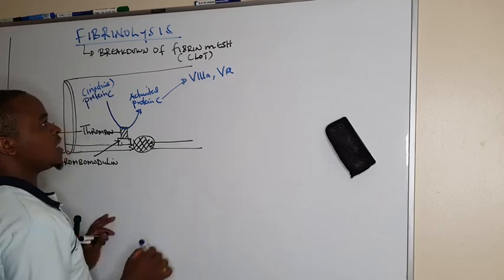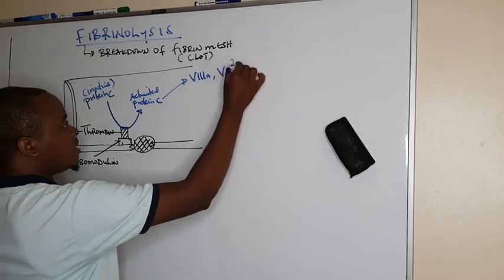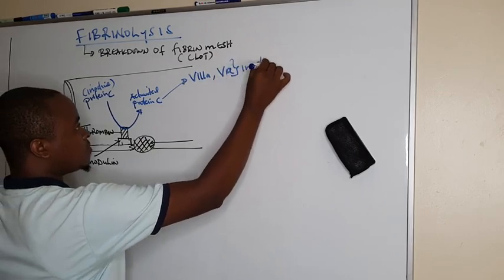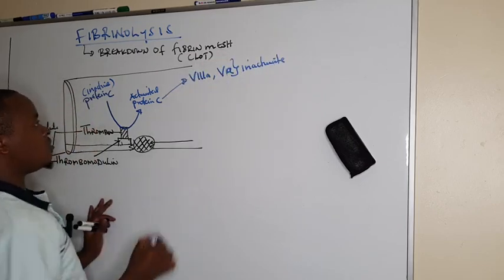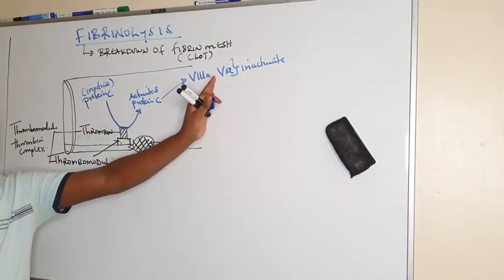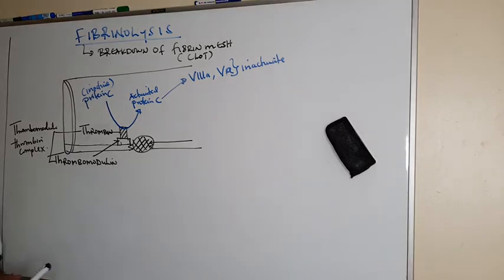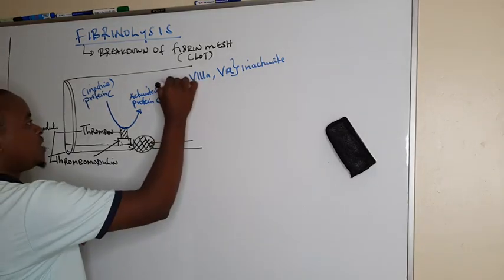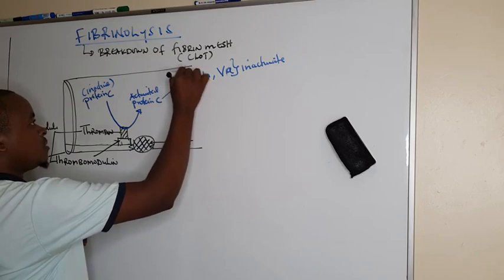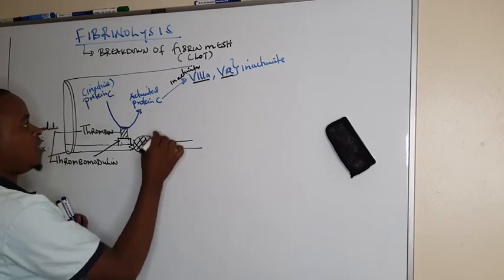So we're going to see that activated factor 8 and factor 5 are inactivated. So one role of protein C is to inactivate factor 8 and activated factor 5.